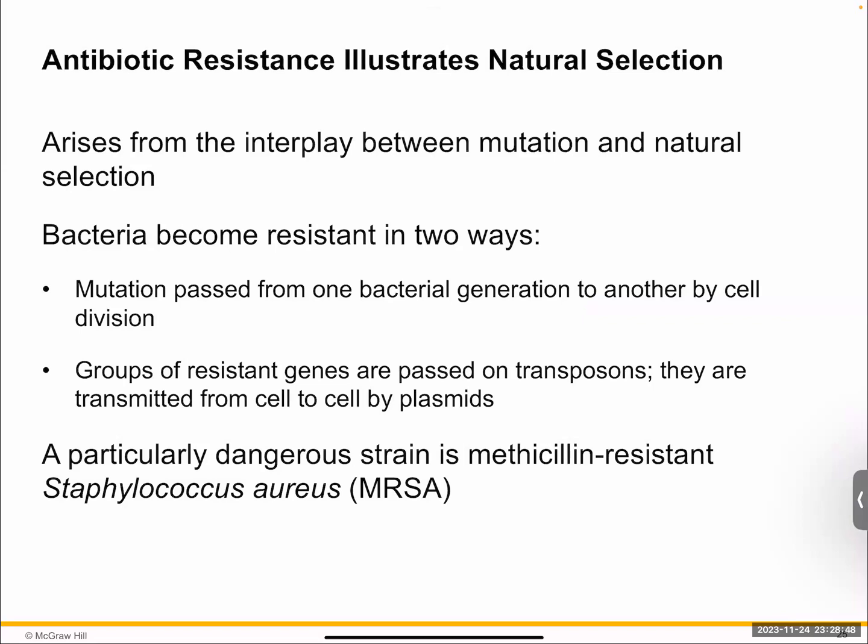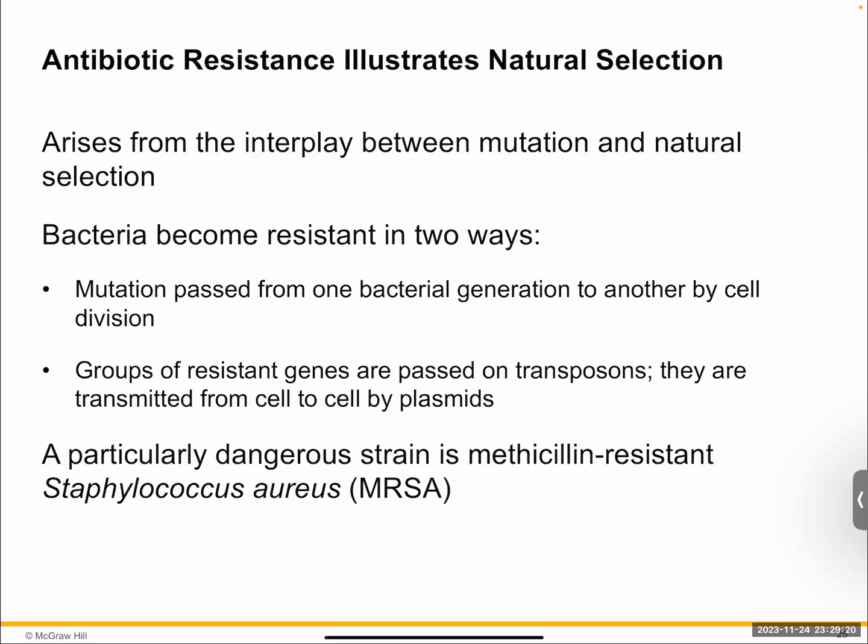So the example of natural selection is also viewed in our environments, with one of the most important and scary ones being antibiotic resistant infections, where you have a mutation in the specific bacteria where they become resistant to the typical antibiotics we use to deal with infections.